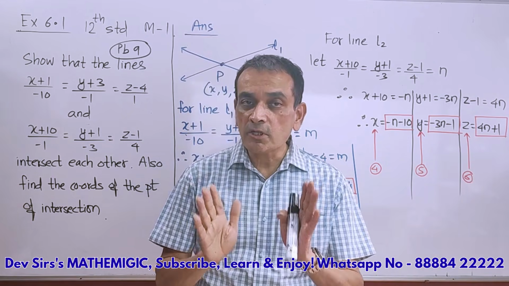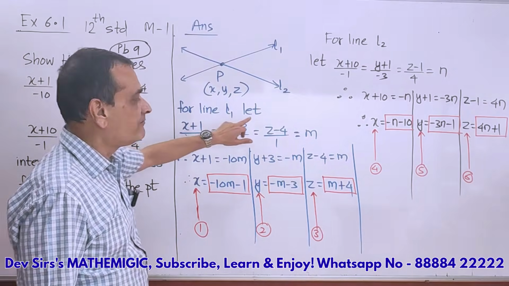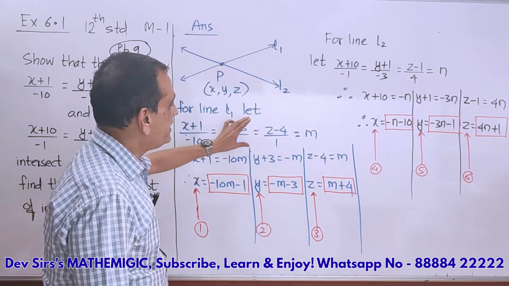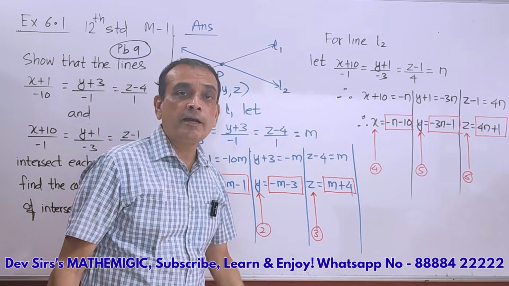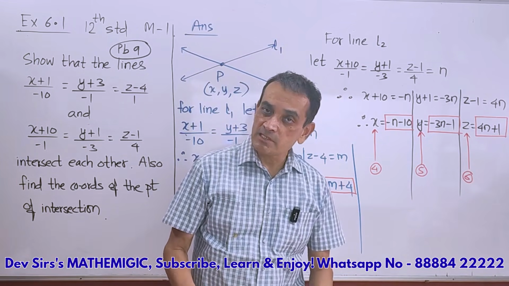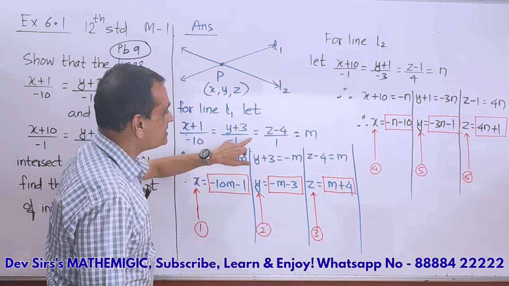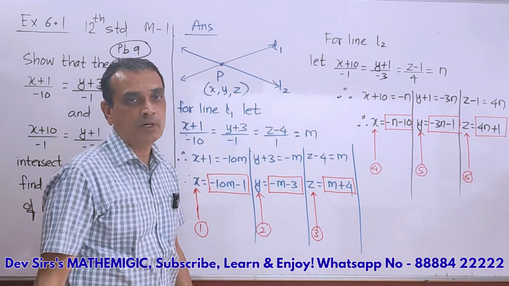For line L1, let each ratio be M. Remember this from 9th standard? Let each ratio be M. This equal to this equal to this equal to M.